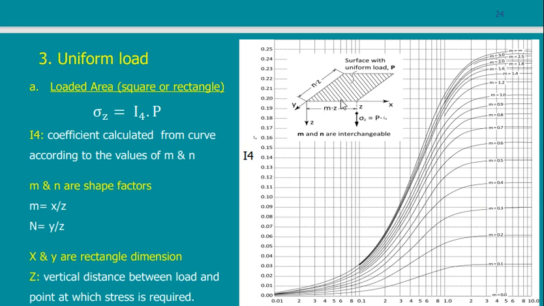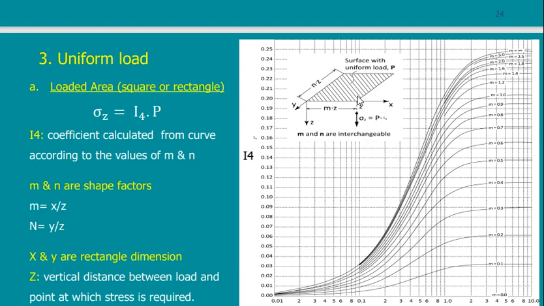Suppose this is a loaded area, and I need to calculate the stress at this point. This point has a very important feature, which is that the point should be at one of the corners of the loaded area.